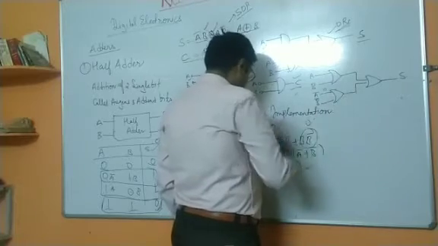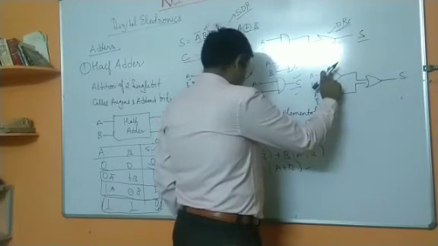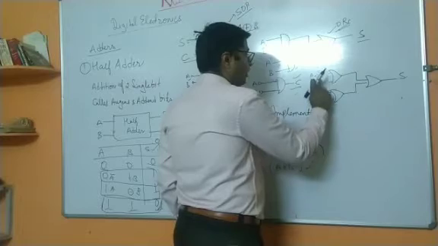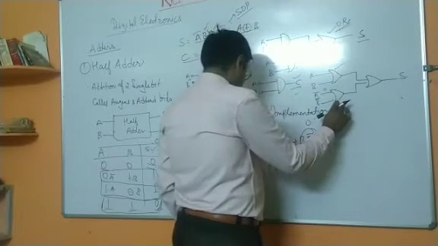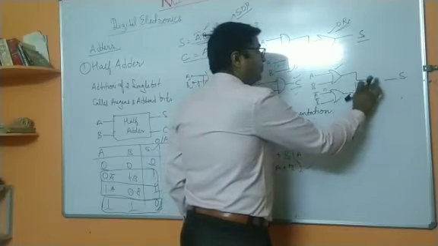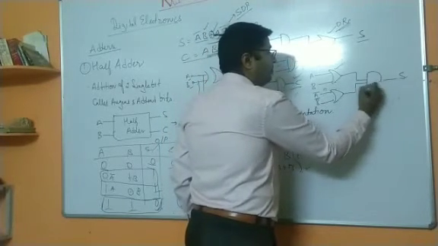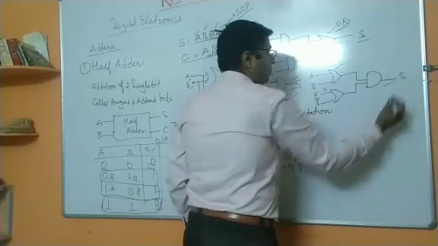So it can be shown like this. Now A plus B is there, so the OR gate is there. A bar B plus B is there again, and we AND it like this.